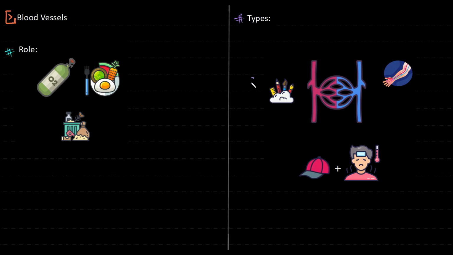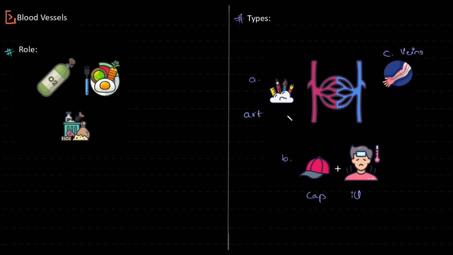There are three main ones. Can you guess the name? The first type has to do with art. This is a cap, and this person is ill, and this is your direct veins, right? I'm sure boys will know this. They keep talking about veins, right?